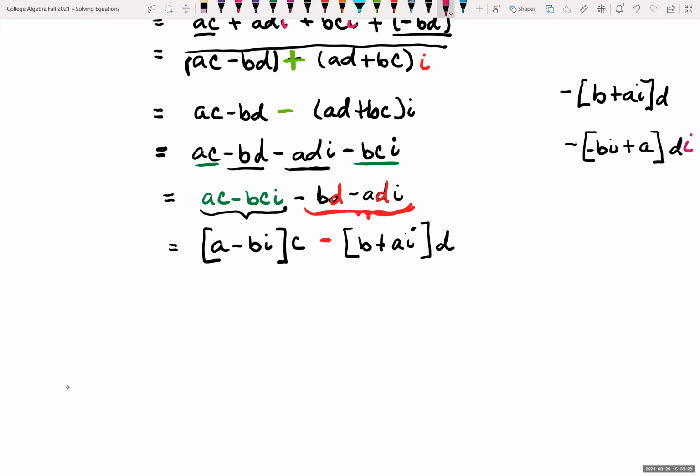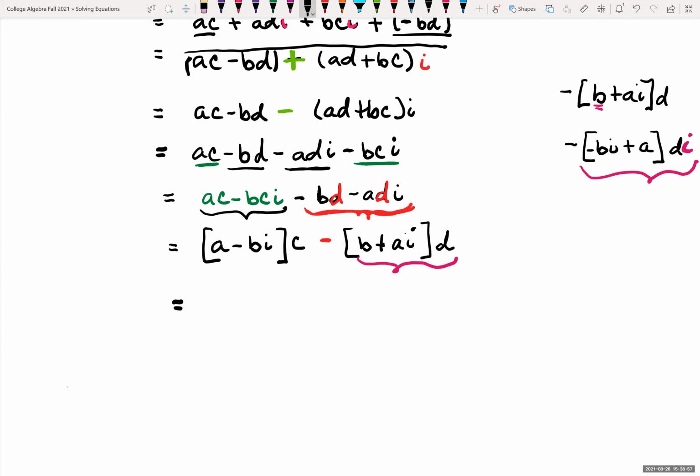Because i squared is -1, with a negative in front of my b, that would get me my positive b back here. And then if I'm thinking about multiplying by an i here, this would give me the correct thing in this piece. And so I'm going to go back and rewrite this with this.